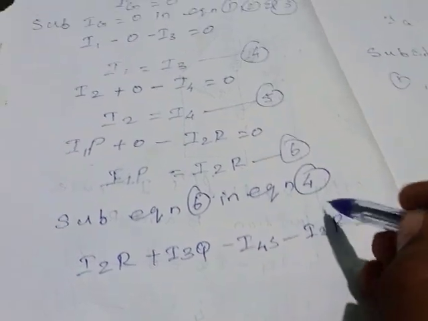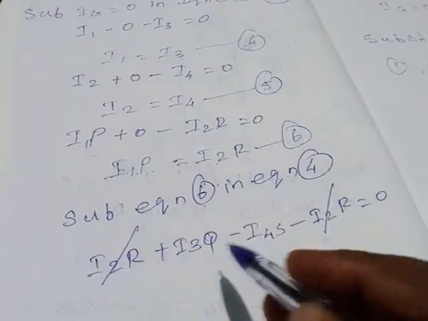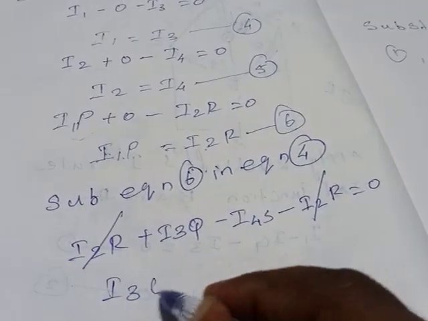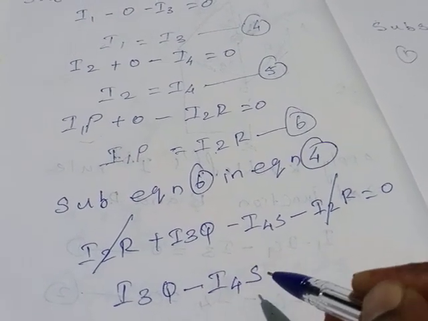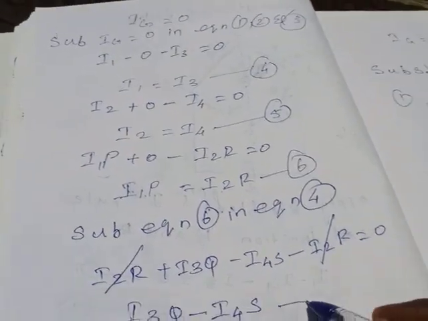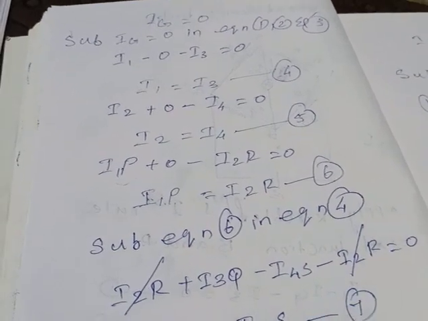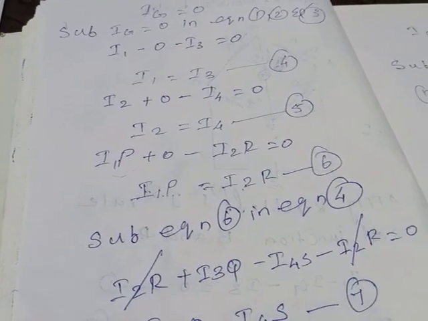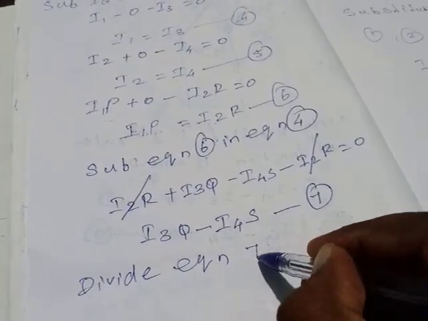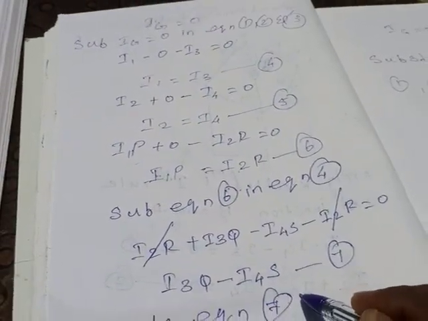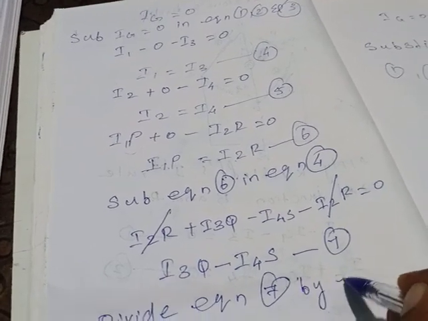So plus I2R minus I2R cancel. So we will get I3Q minus I4S. So this is equation 7. Now what you have to do means divide equation 7 by equation 6.